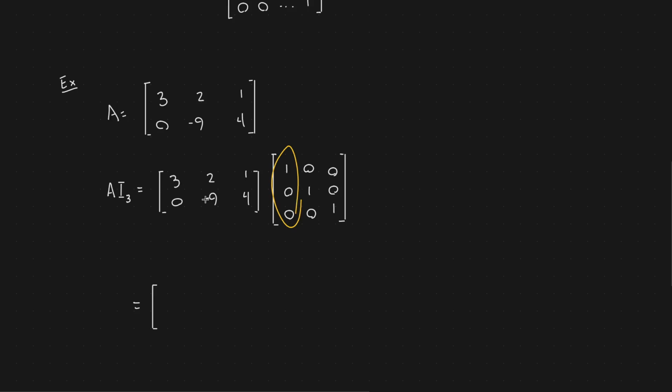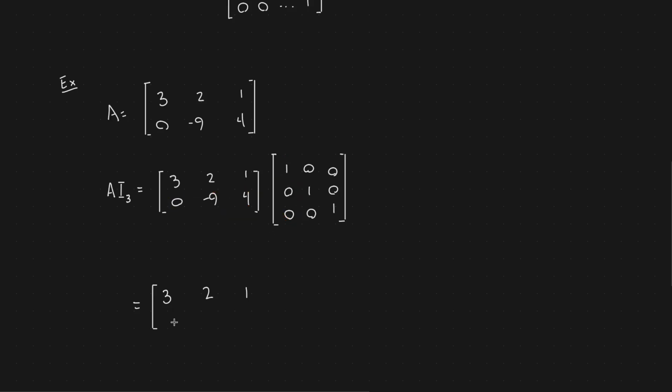So first row, first column, I get 3. First row, second column, I get 2 when I take the dot product of those. If I take the dot product of the first row, third column, I get 1. Right? On to the second row. Dot product of the second row, first column, I get 0.